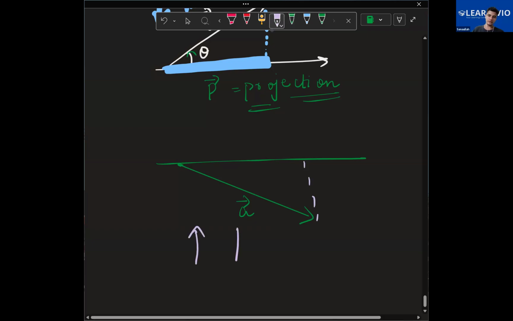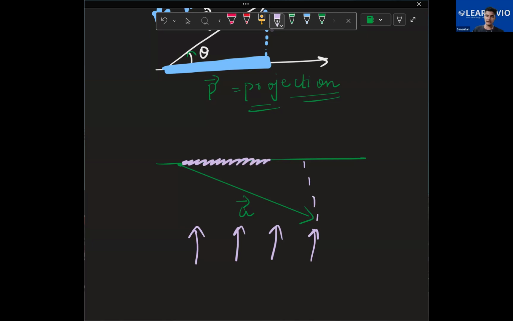When you throw light from this side, you will get this length. This is your projection.